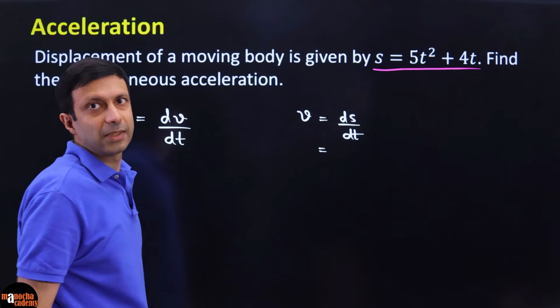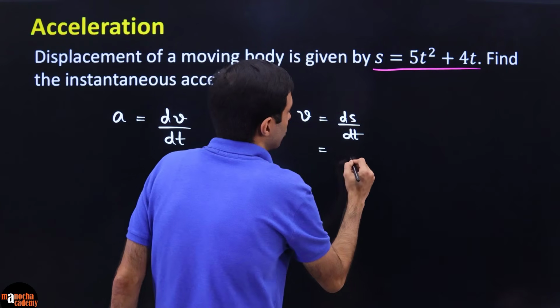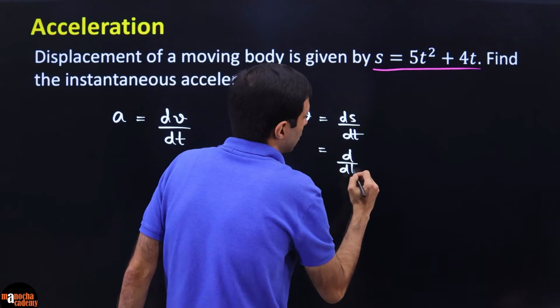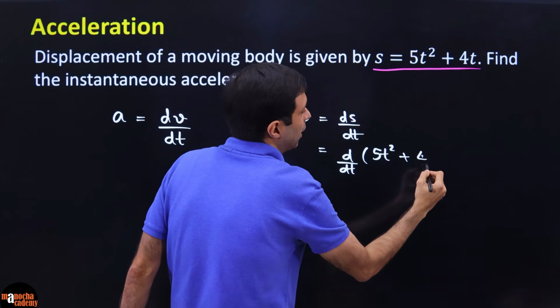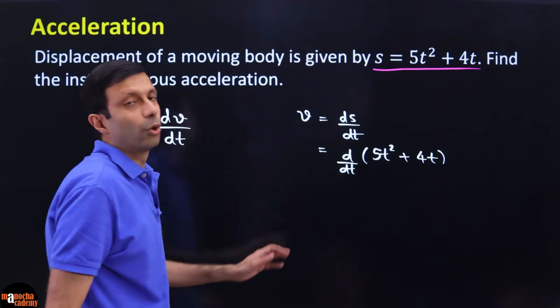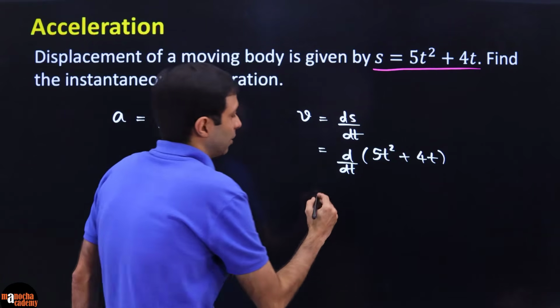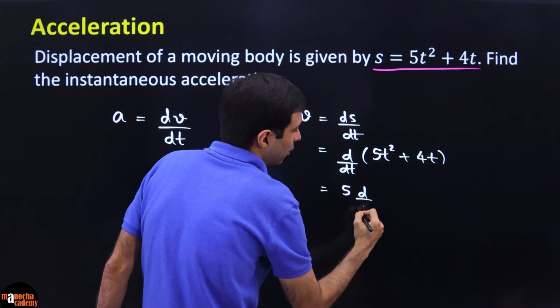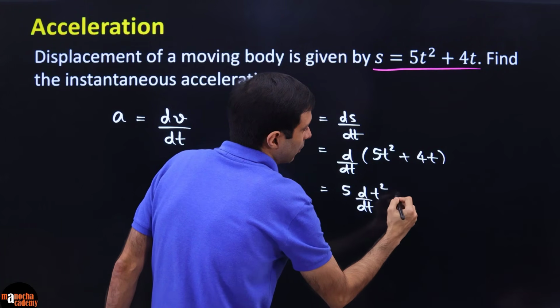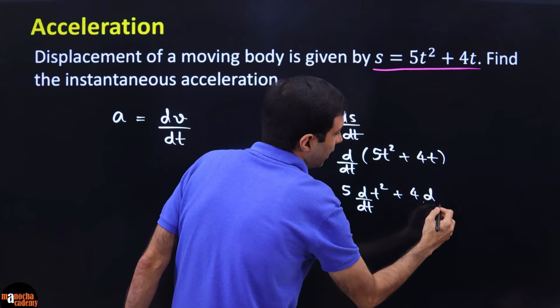So let's plug in this displacement over here. We have d/dt and the displacement is 5t square plus 4t. So go ahead and do a differentiation of that. d/dt of 5t square is going to be 5 d/dt of t square, plus 4 times d/dt of t.